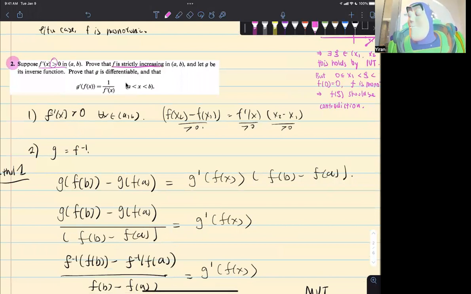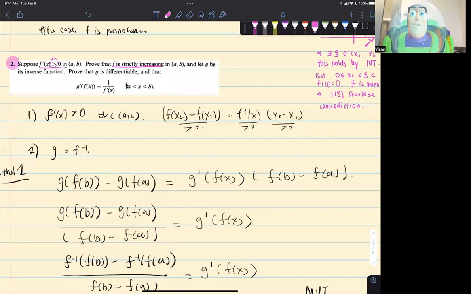Well, the first thing that came into my mind is to use the mean value theorem, because if f is continuous on the closed interval [a, b] and differentiable on the open interval (a, b), that implies there exists an x between a and b such that f(b) minus f(a) is equal to f prime of x times (b minus a).